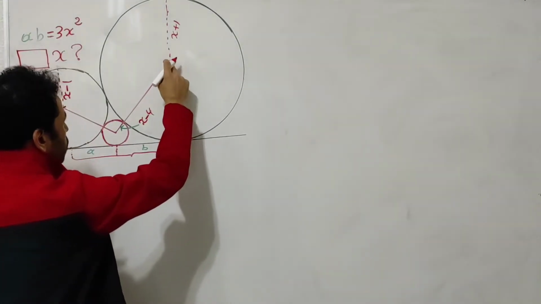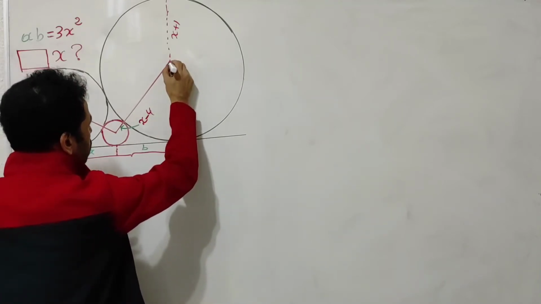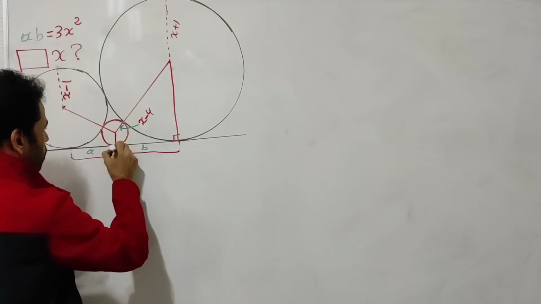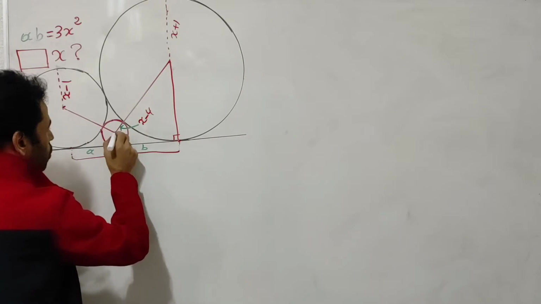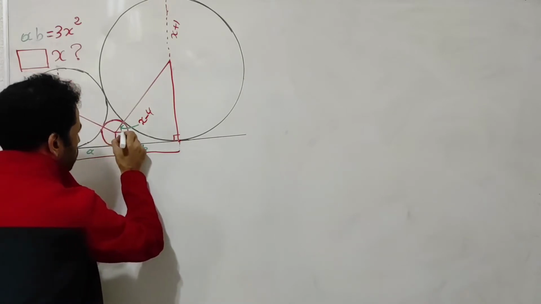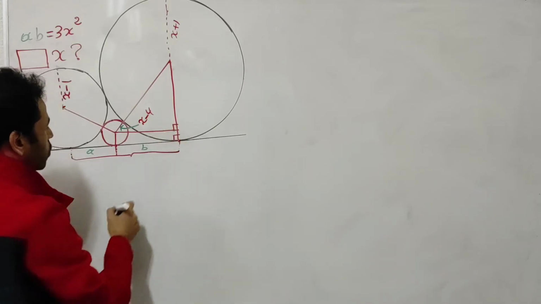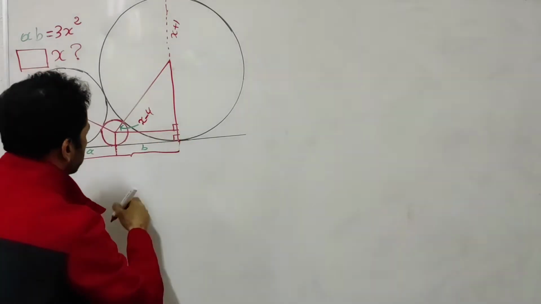I'm going to drop this line onto the horizontal line, making 90 degrees. Also from this line I'm going to draw another line, making an angle of 90 degrees. This line goes through this point to this point.